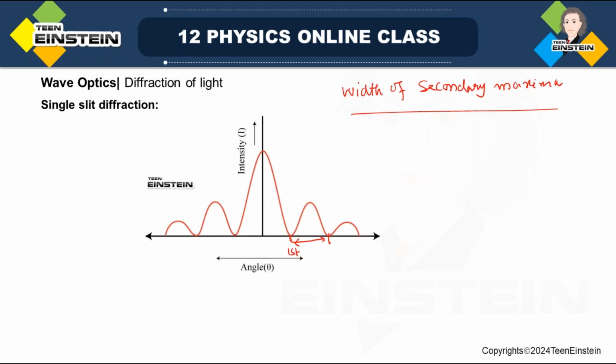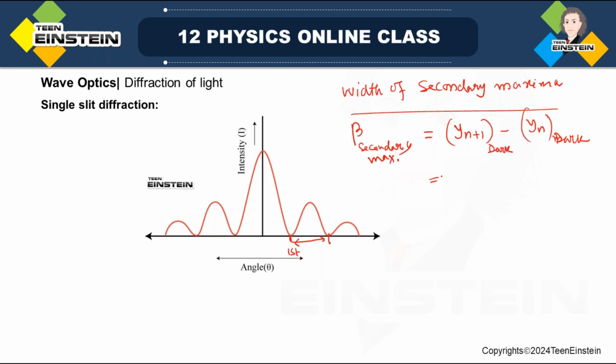See, this is actually in between first dark and second dark. Okay, so if I write secondary maxima, this will be written as yn plus 1 minus yn. This is for dark or minima.